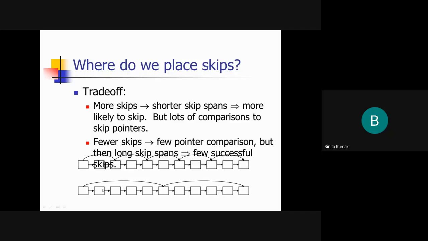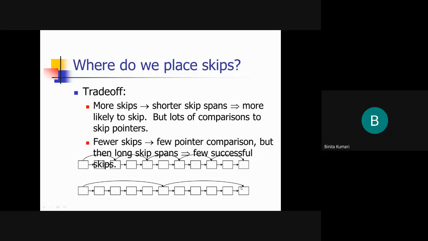In case of this diagram, you can see the skips are longer. Okay, when there is a smaller number of skips, so here only 2 skips are there, that means the skip spans will be long.